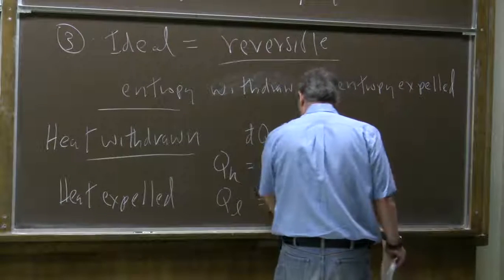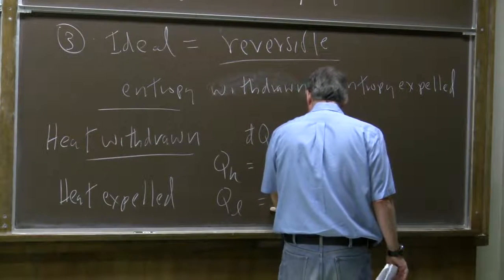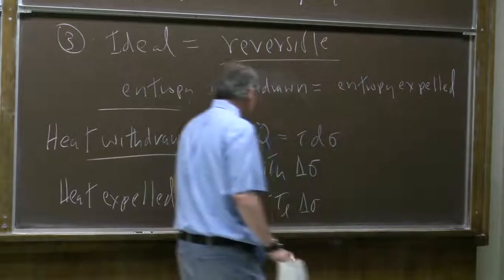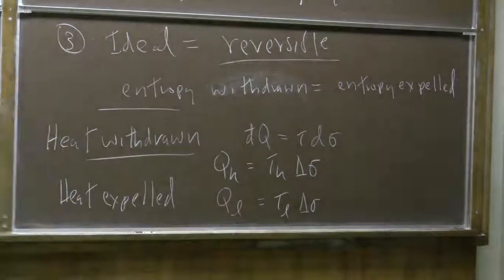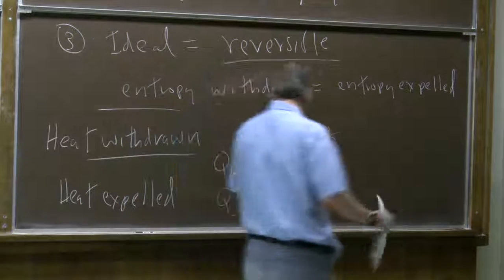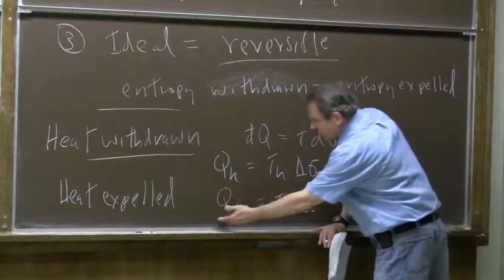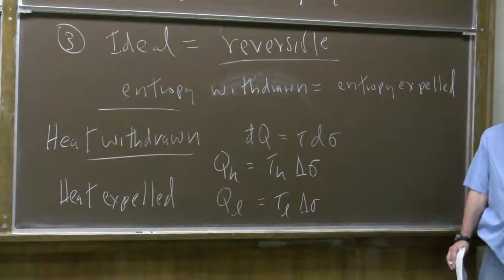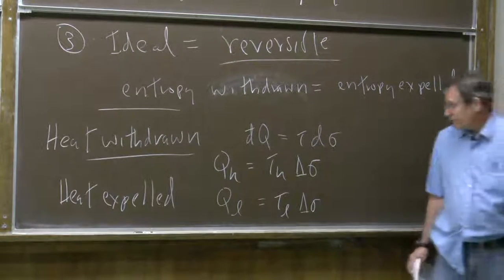It's the temperature of the lower temperature reservoir times the entropy delta sigma. So delta sigma here I'm defining to be positive. It's the amount by which the system's entropy increases when it extracts heat or withdraws heat, and Q_L means the positive amount of heat that exits the system and flows to the lower temperature reservoir.